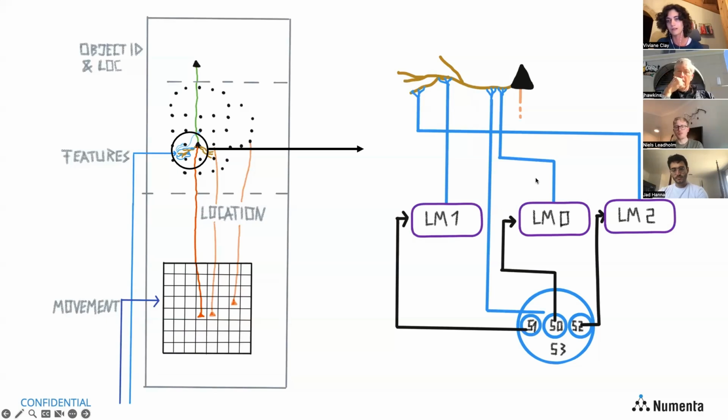If we get the input from LM0, this is already enough to prime the cell to fire, so input from LM1 or 2 doesn't matter that much anymore. But if we don't get anything from LM0, these might still be able to have an effect on whether the neuron fires. That's what I talked about the other day.